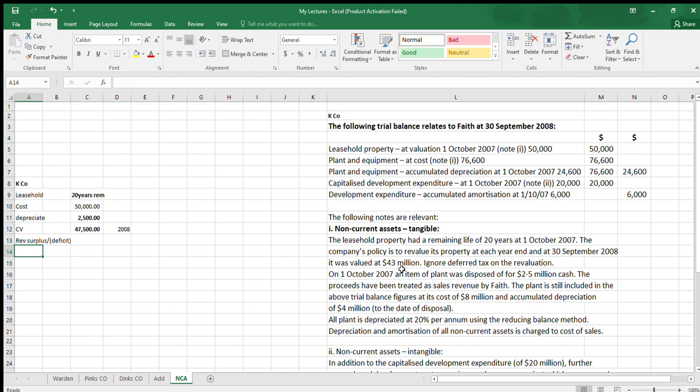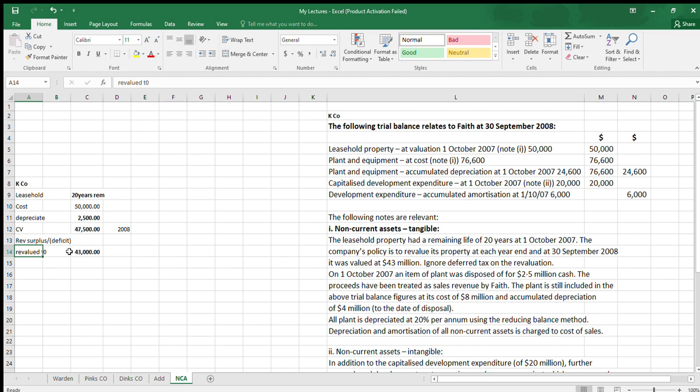So it was revalued to 43,000. Simple revaluation. You bring your carrying value, then in the second line is the revaluation surplus or deficit. Then the third line is the amount that the company revalued the asset to.